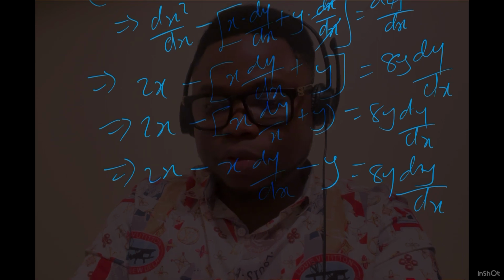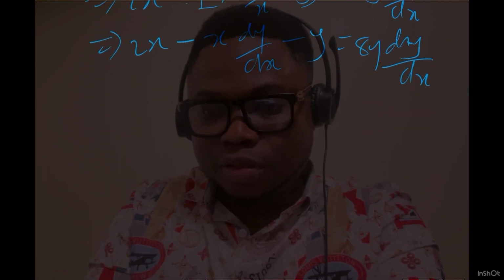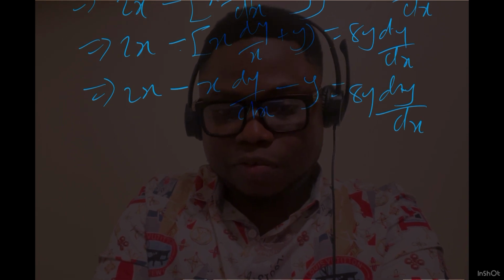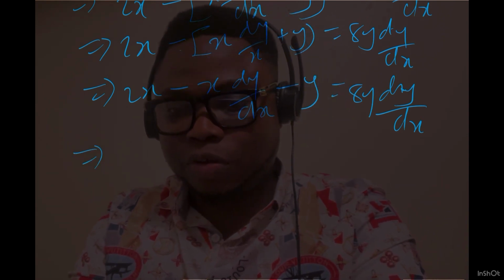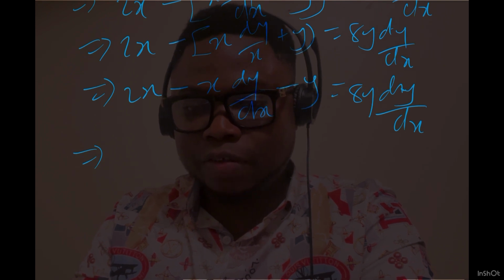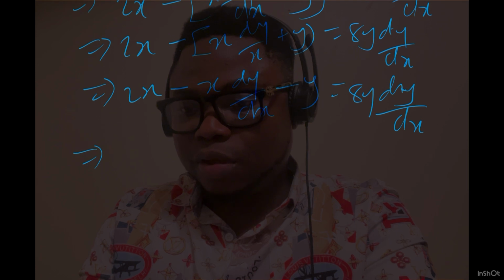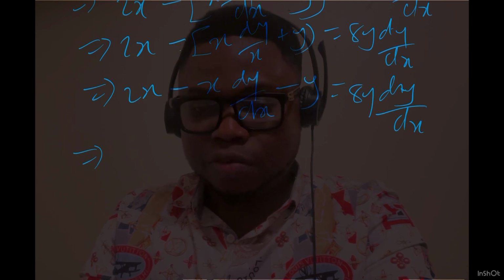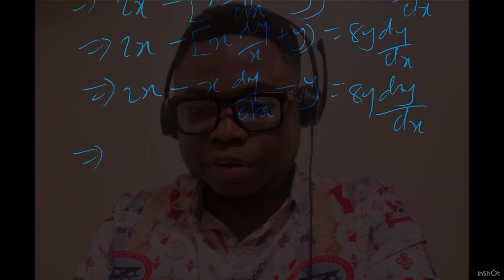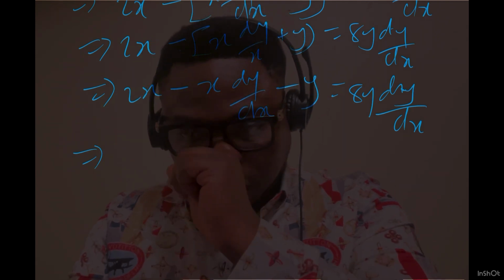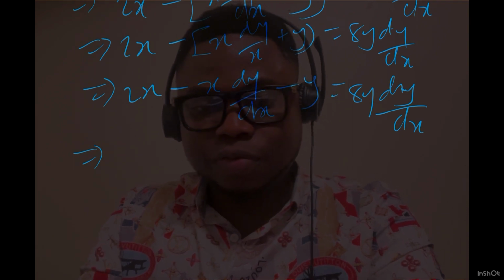So the next thing to do is to collect the like terms. Okay, and you know that 2x and minus y are like terms in this case, because I'm going to group x dy over dx and 8y dy over dx to one side, because they have dy over dx as a common factor.